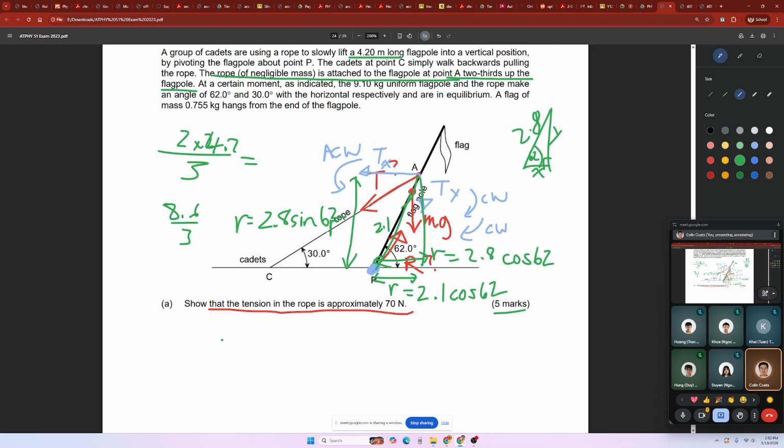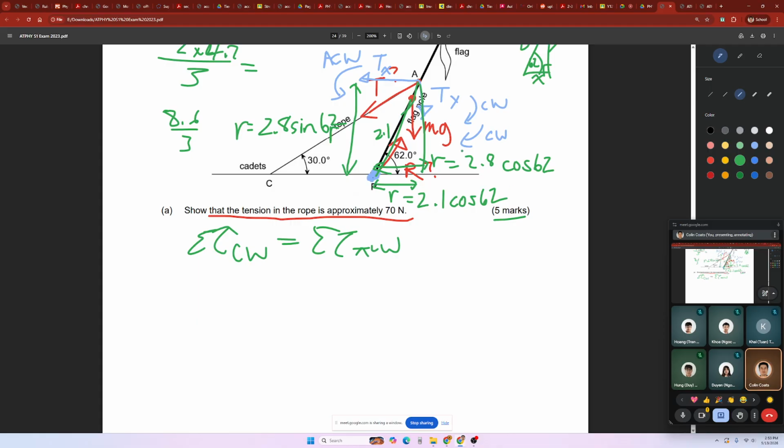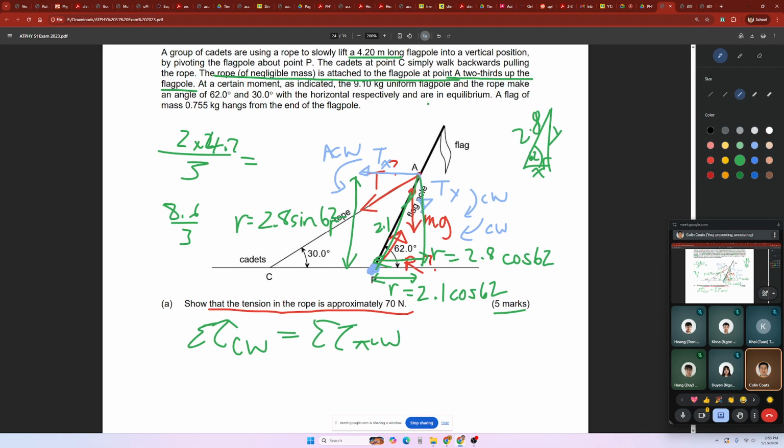All right, so now, because we have two unknown forces, we're going to use the sum of the torques, the sum of the moments. Clockwise, we have these two. We have mg, which is 9.1 for the flagpole. There's our force, and our distance is this one here.